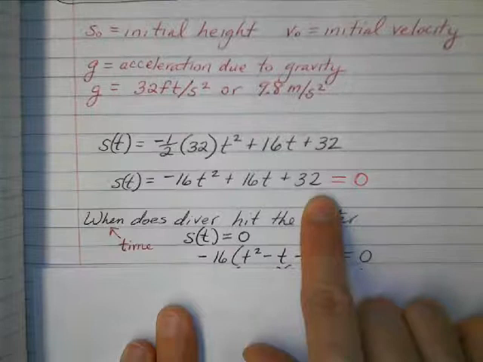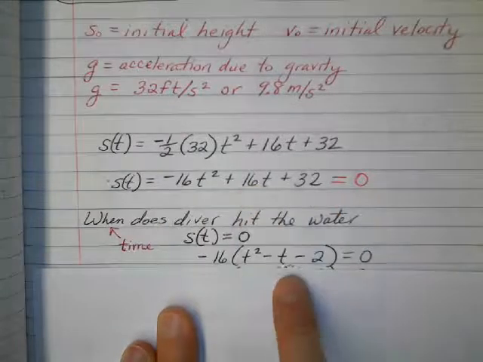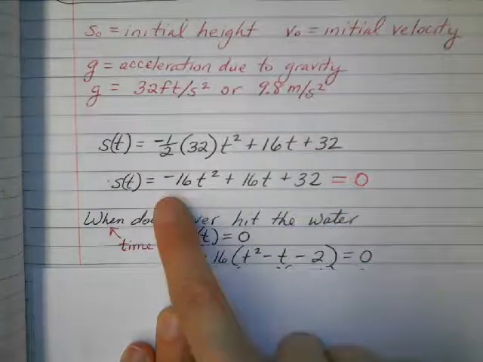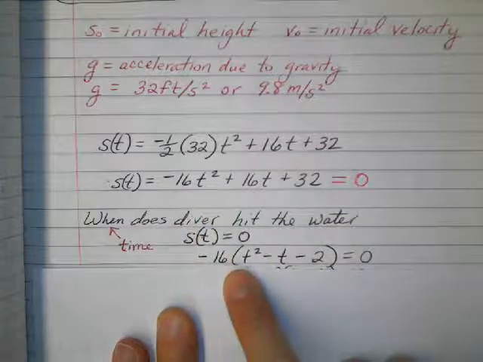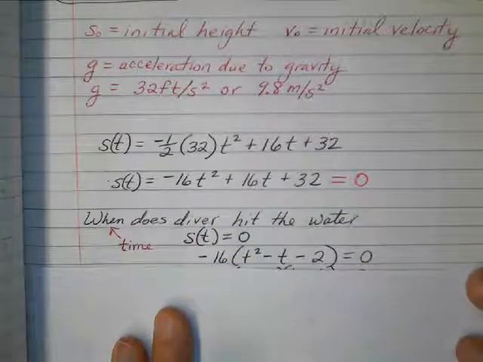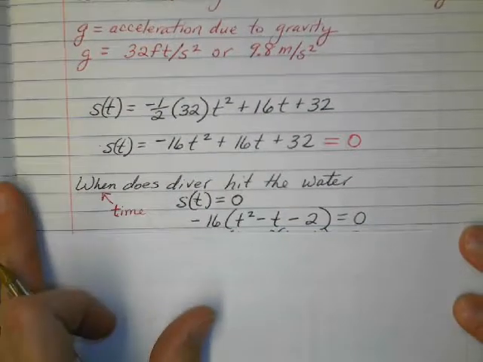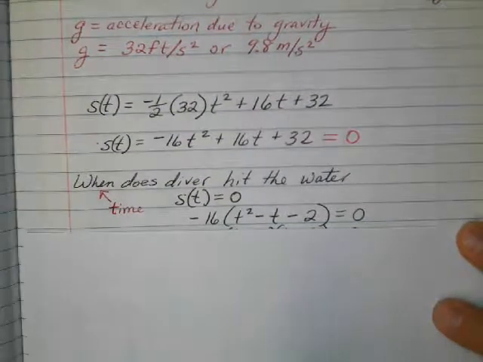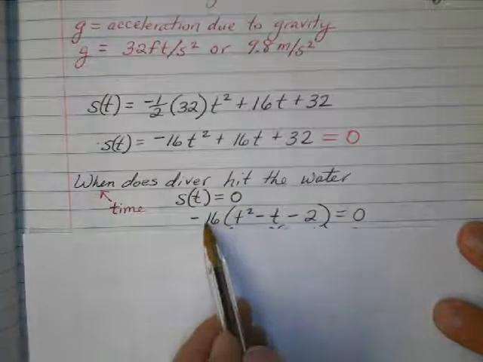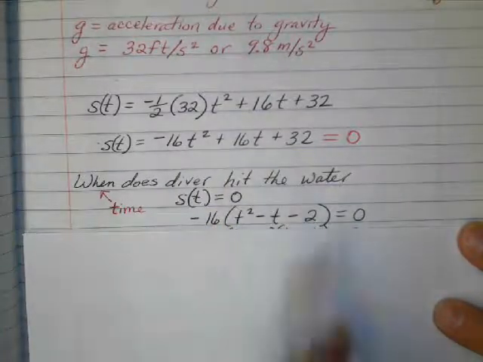I started factoring it here. I noticed I had lots of 16s and 32s, so how about we try to factor and solve it? That shouldn't be too bad. You can divide out -16.